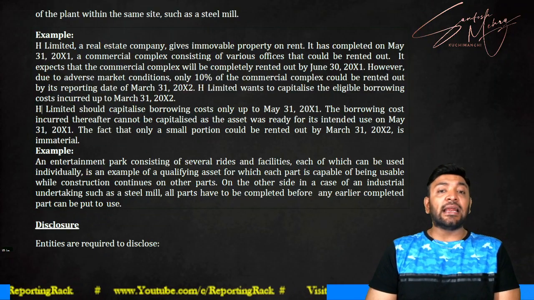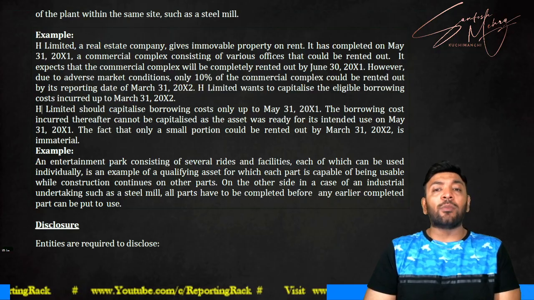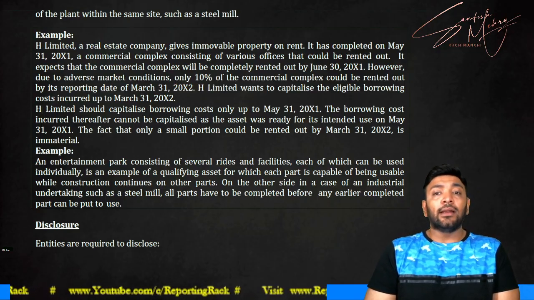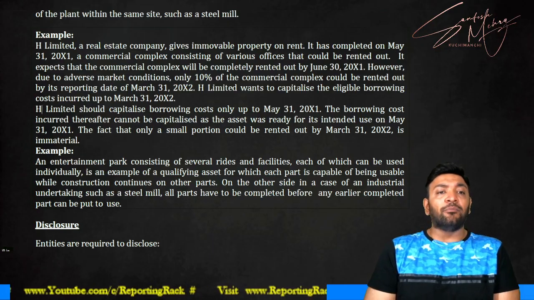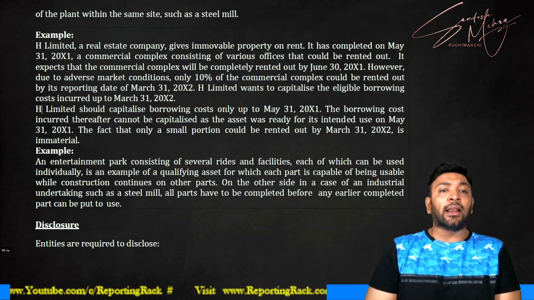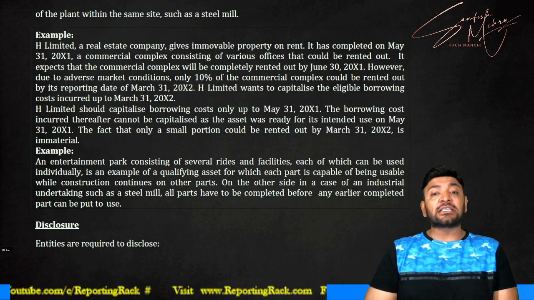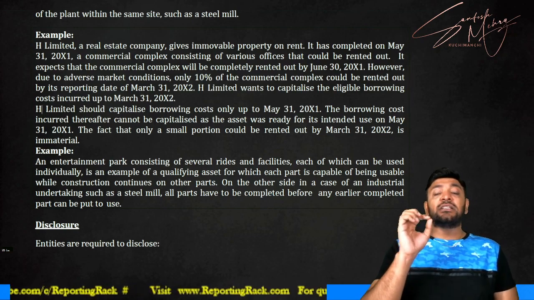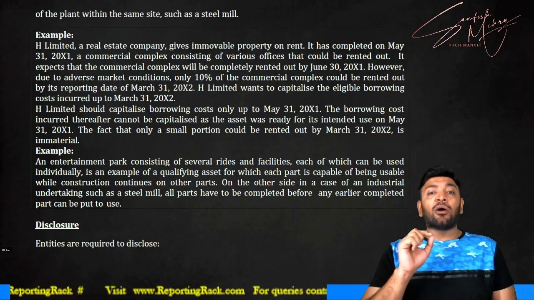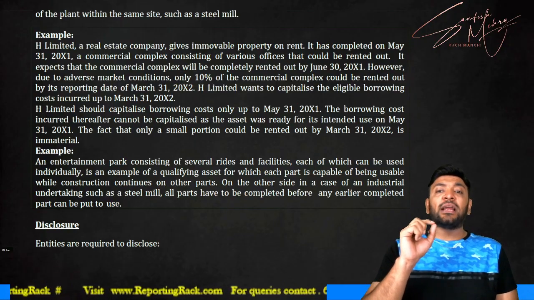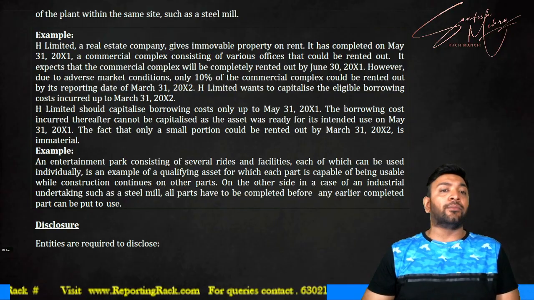H Limited, a real estate company, gives an immovable property on rent. Immovable property is land and building. It completed on May 31st, 2021, a commercial complex consisting of various offices which could be rented out. It expects that the commercial complex will be completely rented out by 30th of June 2021.